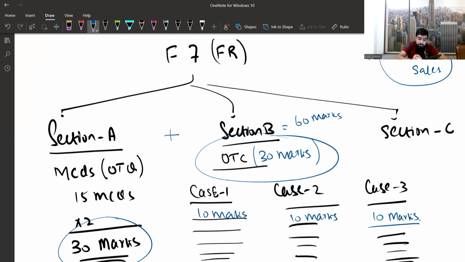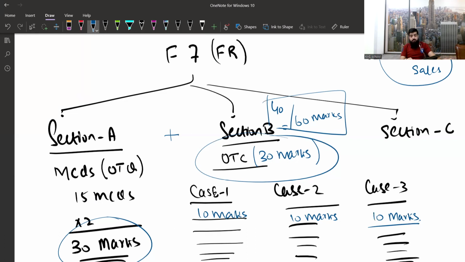For instance, if you're scoring 40 out of 60 marks, it means it is quite probable and your chances of success are higher. Your chances of success are more than probable.